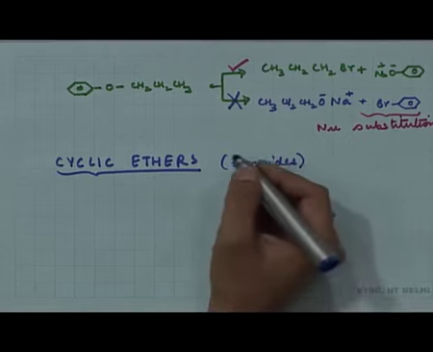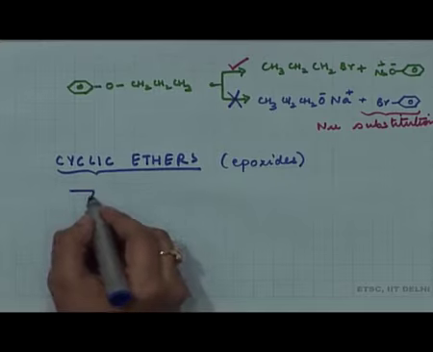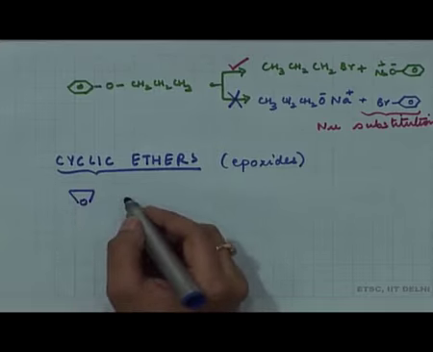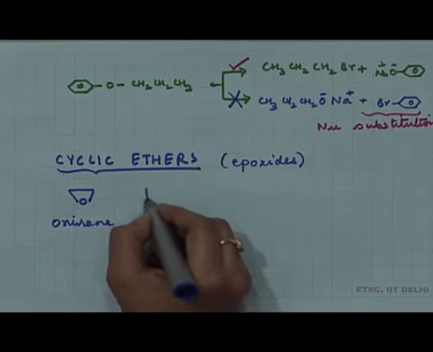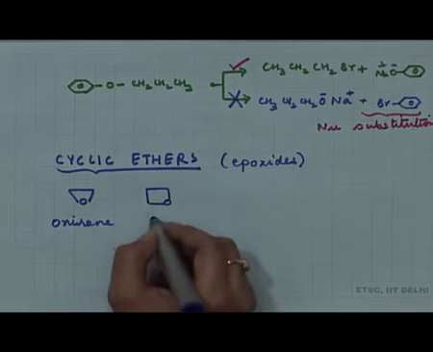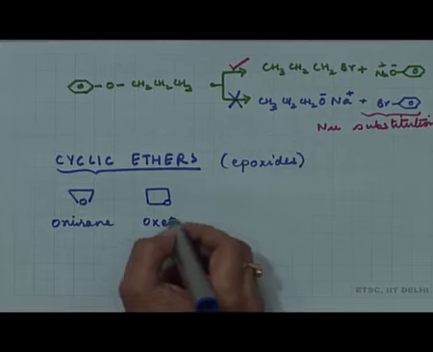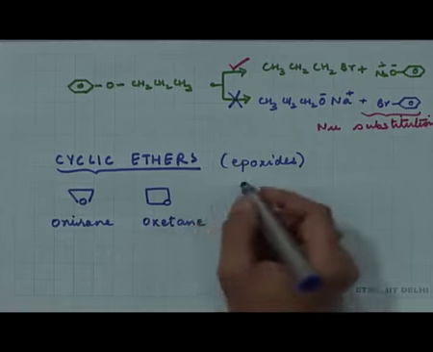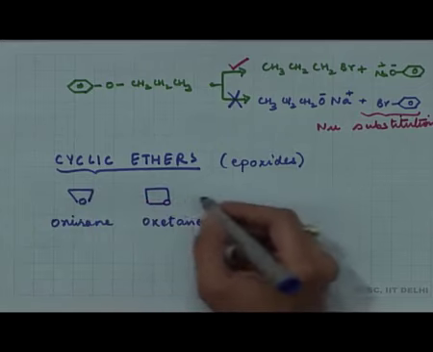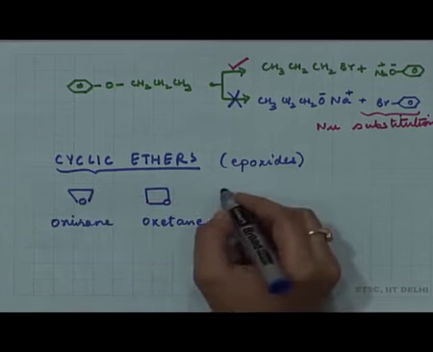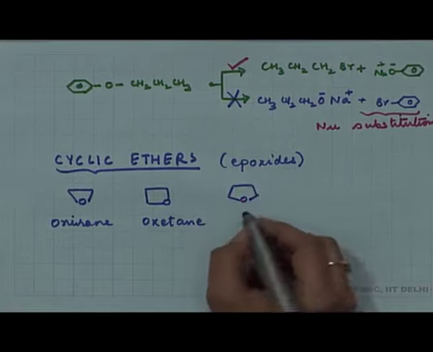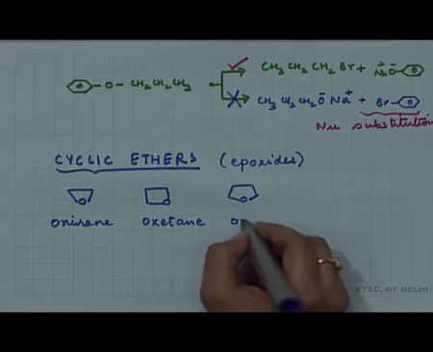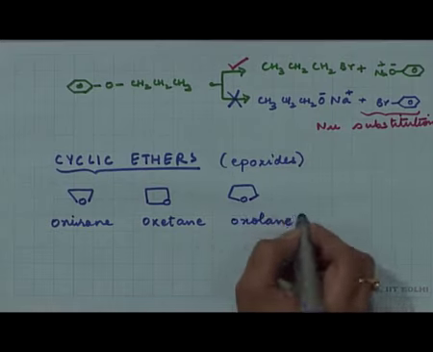So, again depending upon the ring size of the cyclic ether, if you have a 3-membered ring with one of the atoms oxygen, this is called oxirane. If you have a 4-membered ring with one of the atoms oxygen, it is called oxetane. So, oxa is telling that there is an oxygen, and the rest of this is telling about the chain length of the cyclic ether. If it is a 5-membered, which we just saw a few minutes ago, we called it tetrahydrofuran, and this is called oxolane as a general nomenclature.